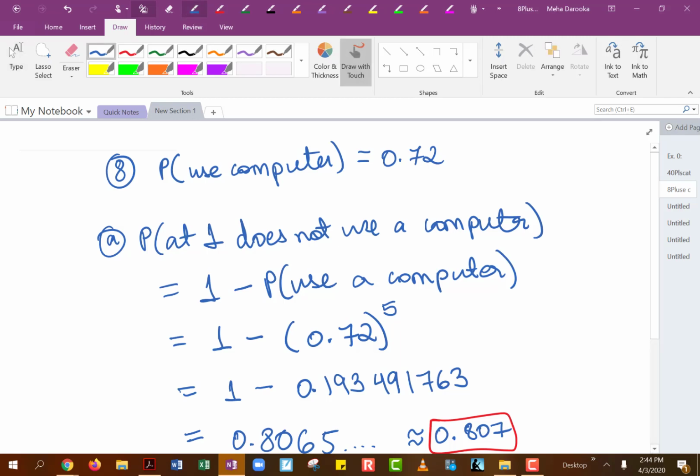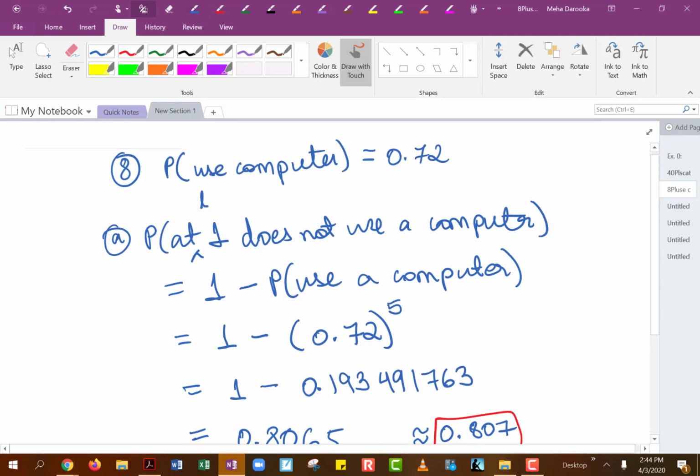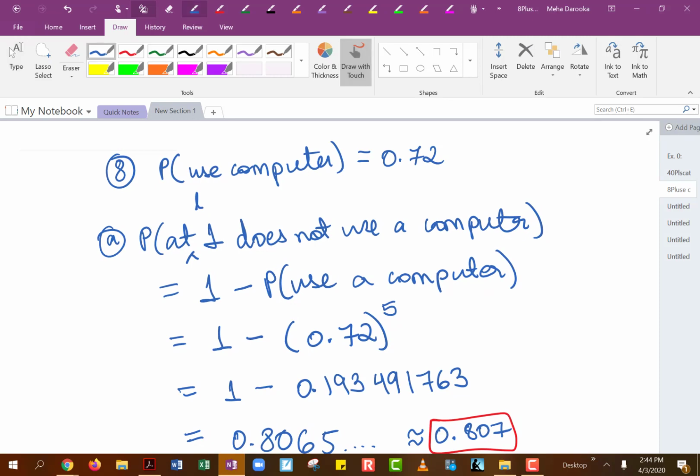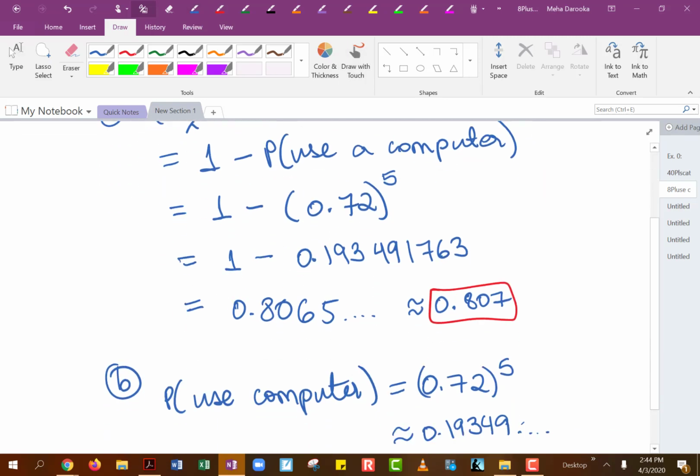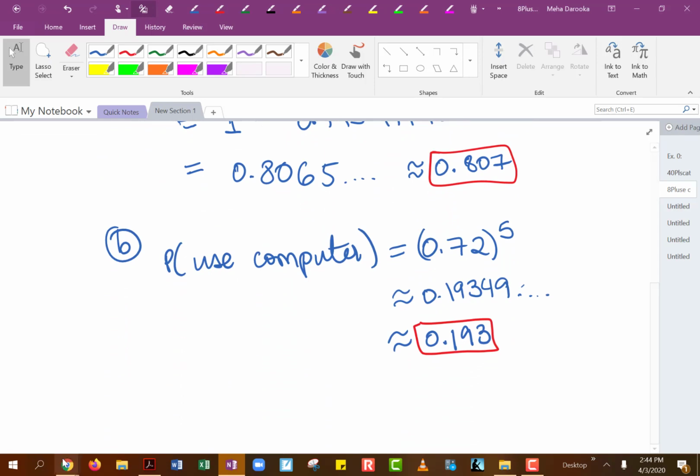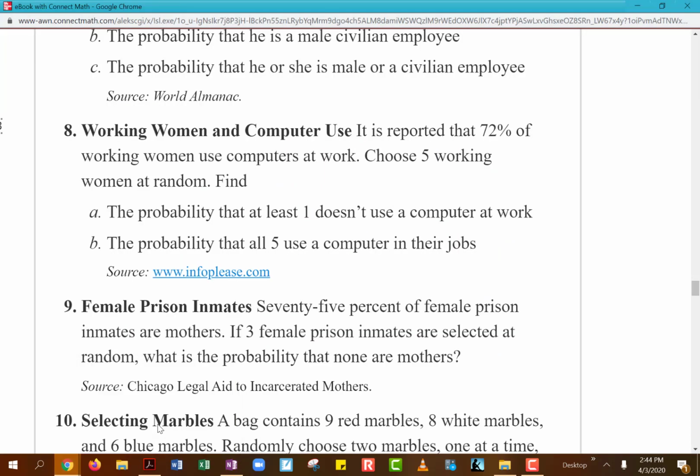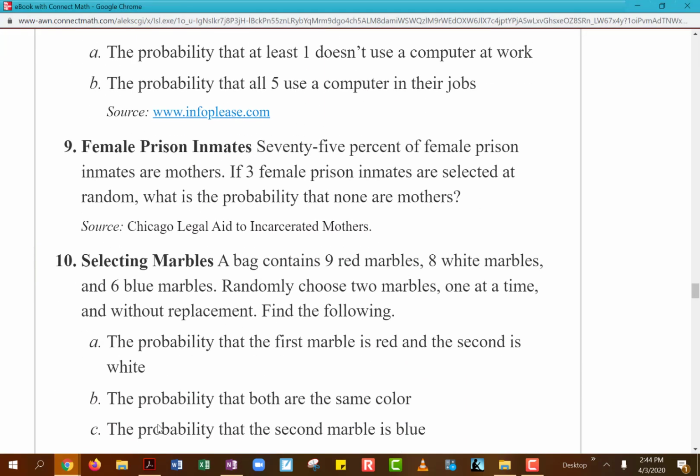This should say at least one does not use a computer, okay? Alrighty, there we go. So let's go back to our examples here.